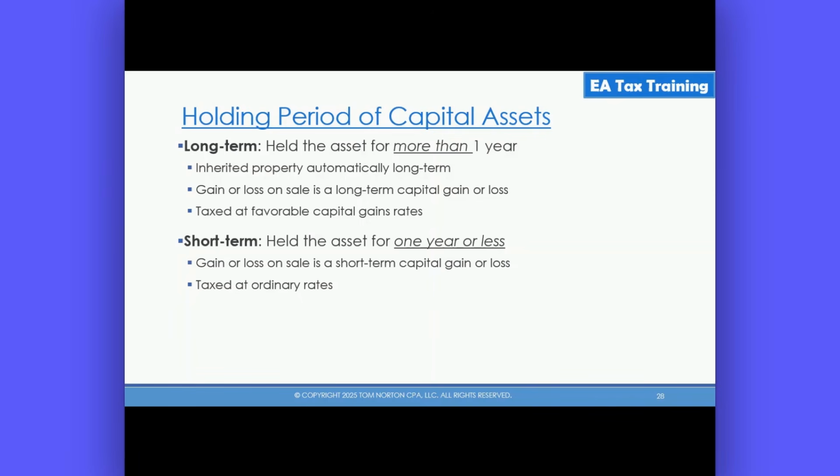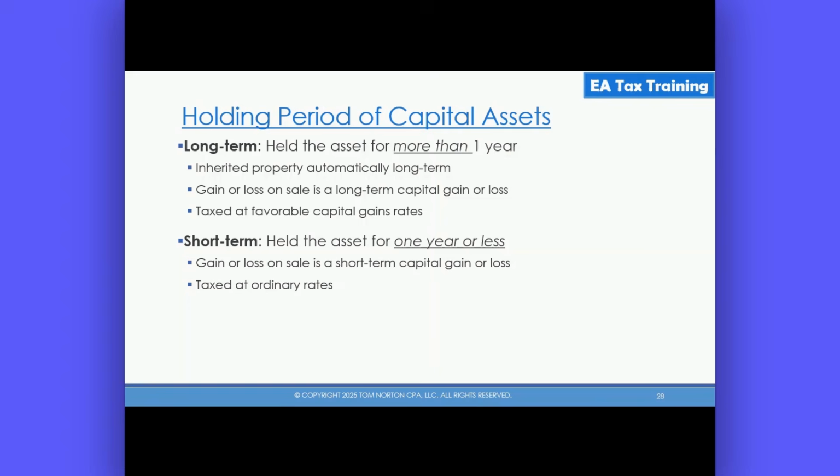So when we talk about a capital gain being a good thing, primarily we're talking about long-term capital gains, because short-term capital gains are going to be taxed just like any other type of income at ordinary tax rates, whereas long-term capital gains will be taxed at those favorable capital gains tax rates.